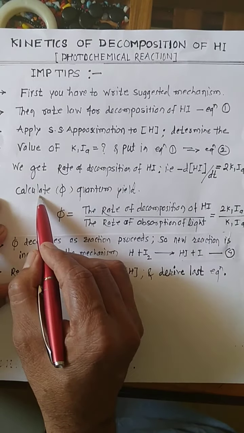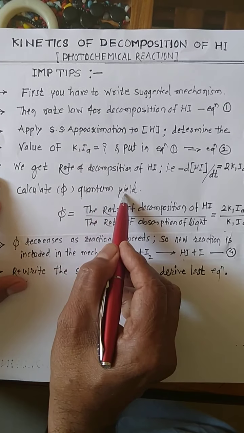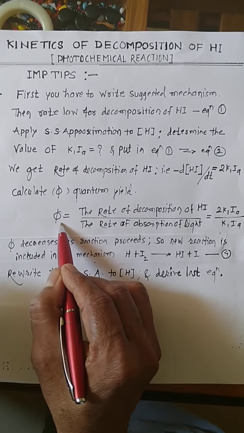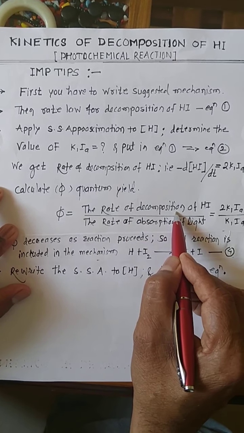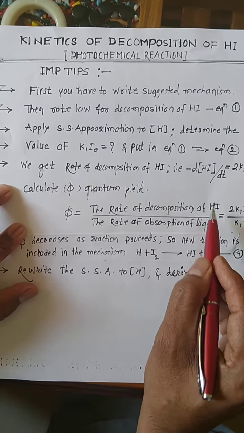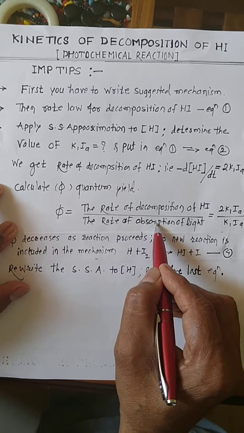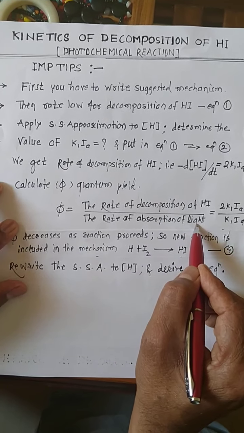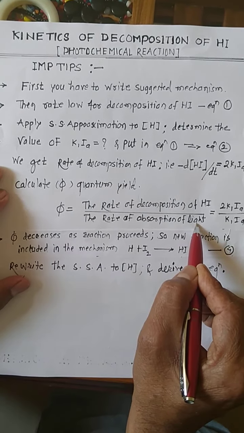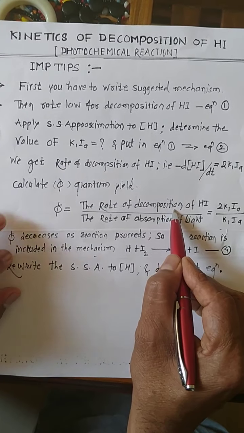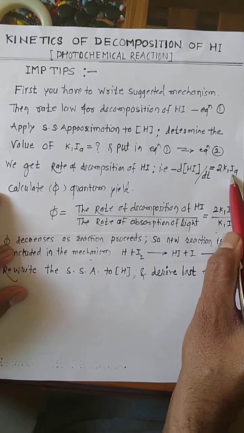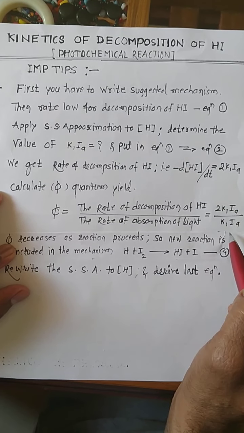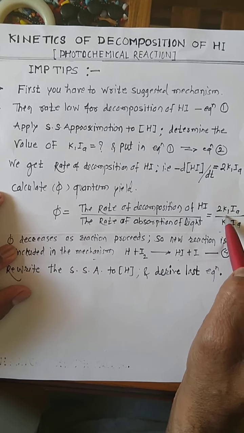Now you have to calculate the quantum yield or quantum efficiency. The formula is the rate of decomposition of HI to the rate of absorption of light intensity. Here the rate of decomposition of HI is 2 K1 IA divided by the intensity absorbed.